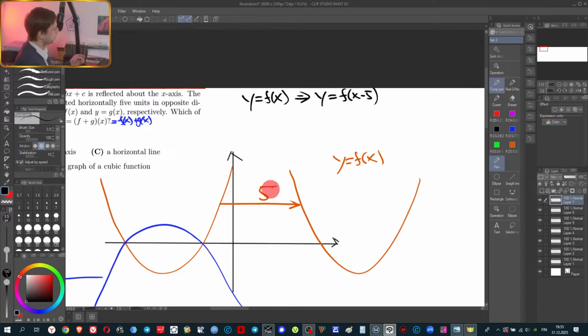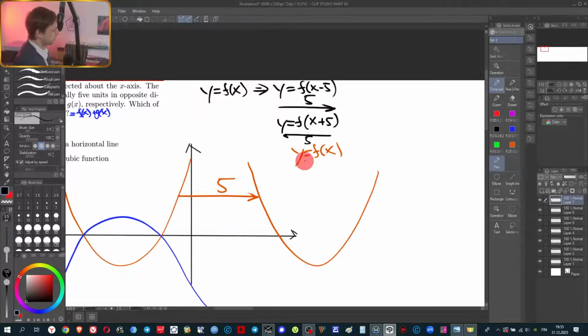Basically, if you translate 5 units to the right, instead of the variable x, you should substitute x minus 5. And if you translate 5 units to the left, you will get the graph that is described by the equation f of x plus 5. It's for translation 5 to the left.